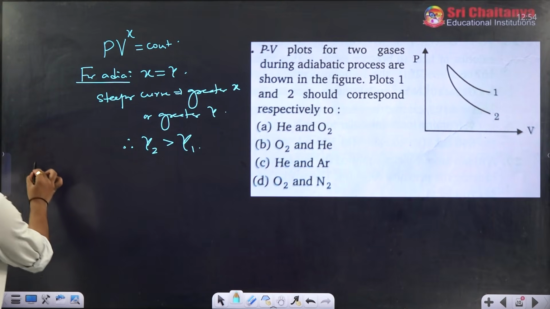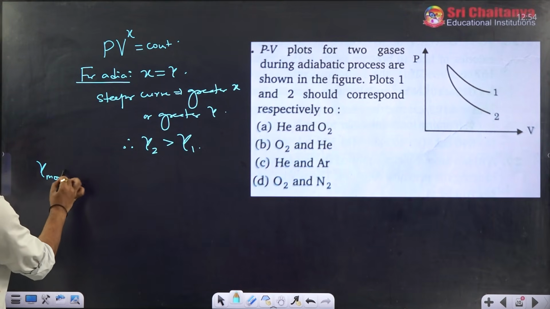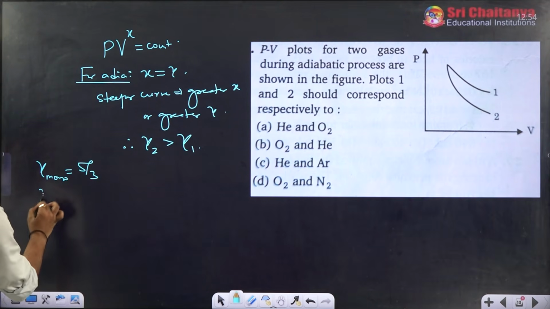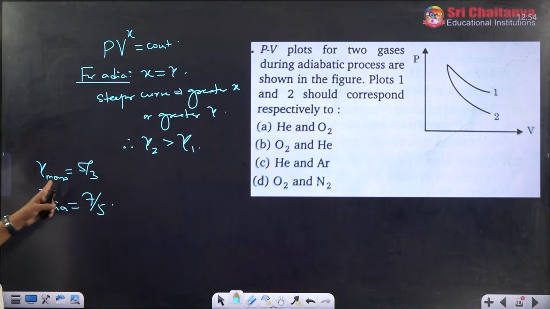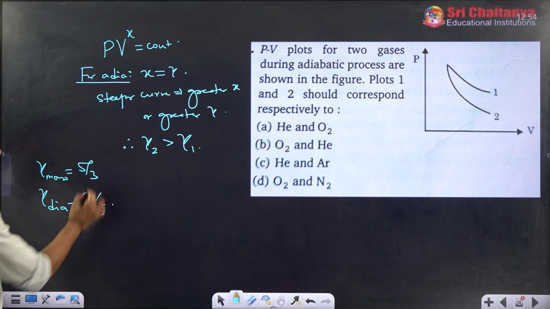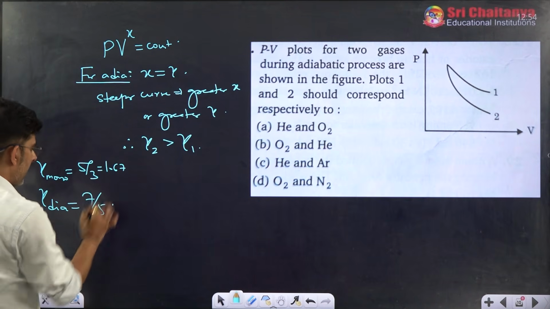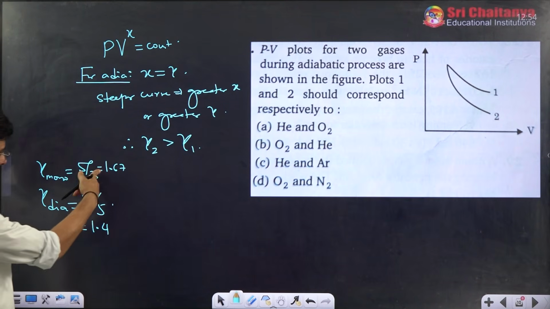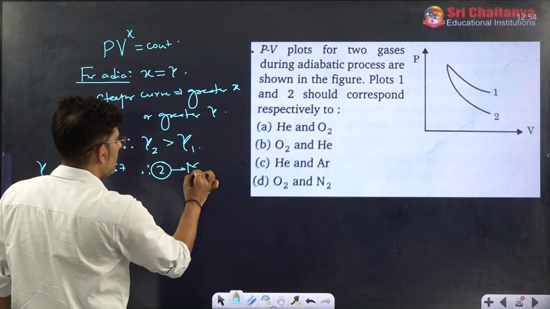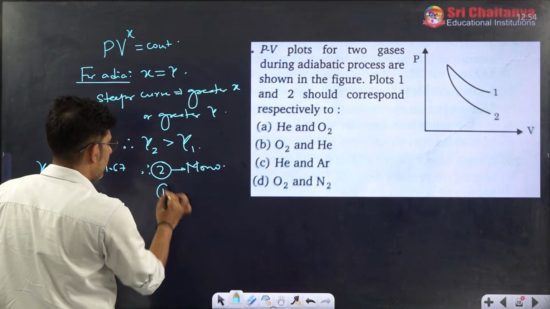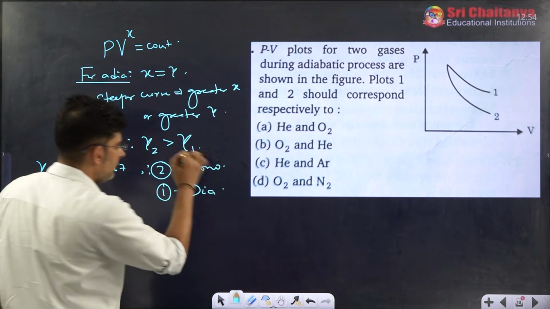Now you know monoatomic gamma is 5/3, diatomic 7/5. So which one has more value of gamma? 5/3 is 1.67 and this is 1.4. Which is greater? Monoatomic. So therefore gas 2 will be monoatomic and gas 1 will be diatomic.